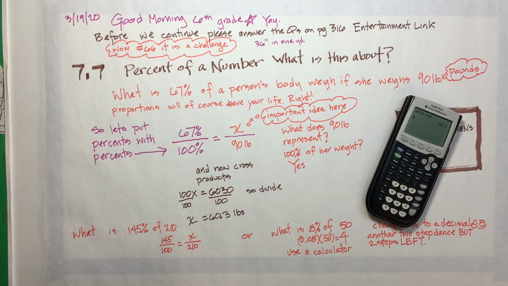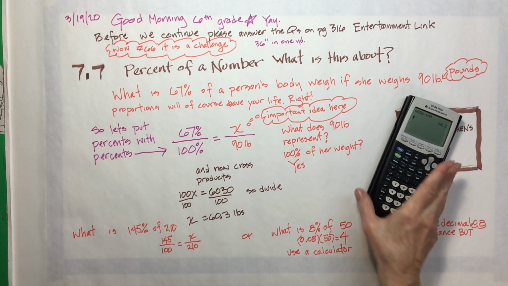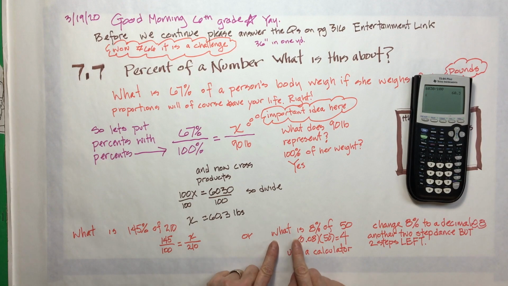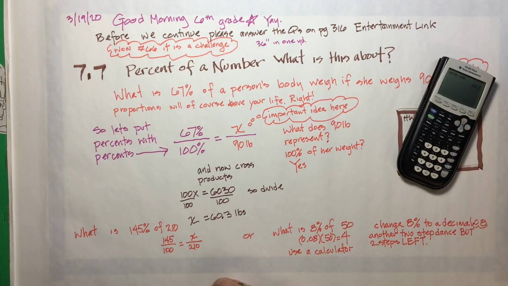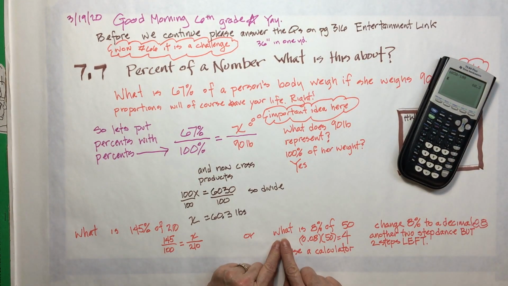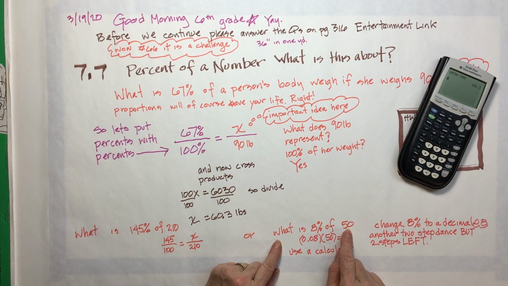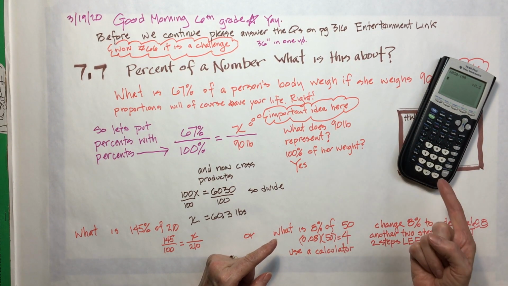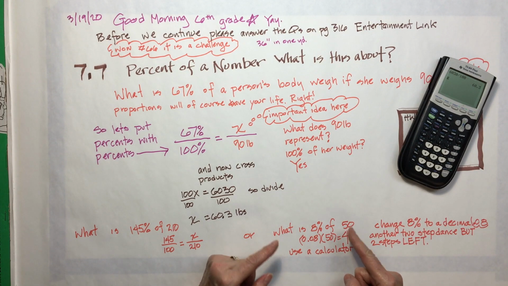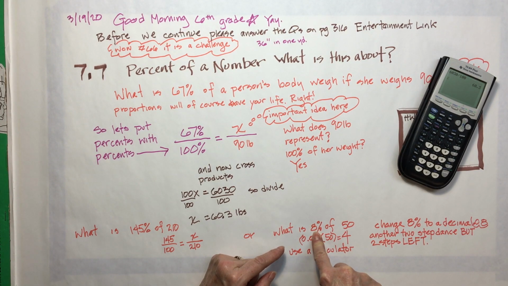Now, there is another method you could use, and you would use a calculator for it. You'd ask yourself the question, what is 8% of 50? You could always set it up and do a proportion again, or perhaps you could use your calculator, but you'd have to convert 8% to a decimal. How would you do that?